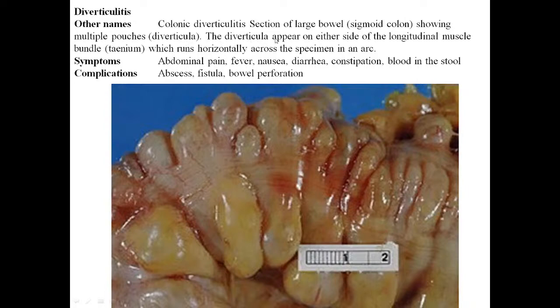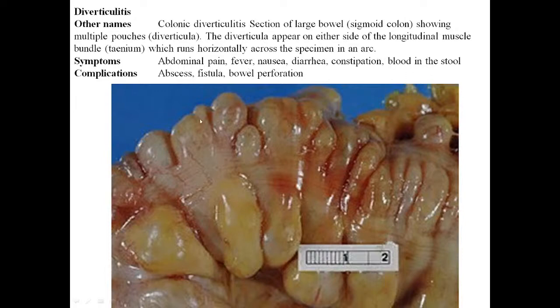The diverticula appear on either side of the longitudinal vascular bundle, which runs horizontally across the specimen in an arc. The symptoms of diverticulitis are abdominal pain, fever, nausea, diarrhea, constipation, and blood in the stool.